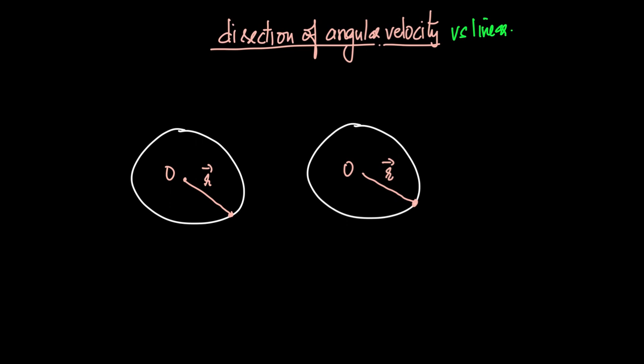Now what we'll see is, this is counterclockwise motion, right? Velocity vector here. Then we have the velocity vector over here, which represents the clockwise motion. So this is counterclockwise, and this motion is the clockwise motion.